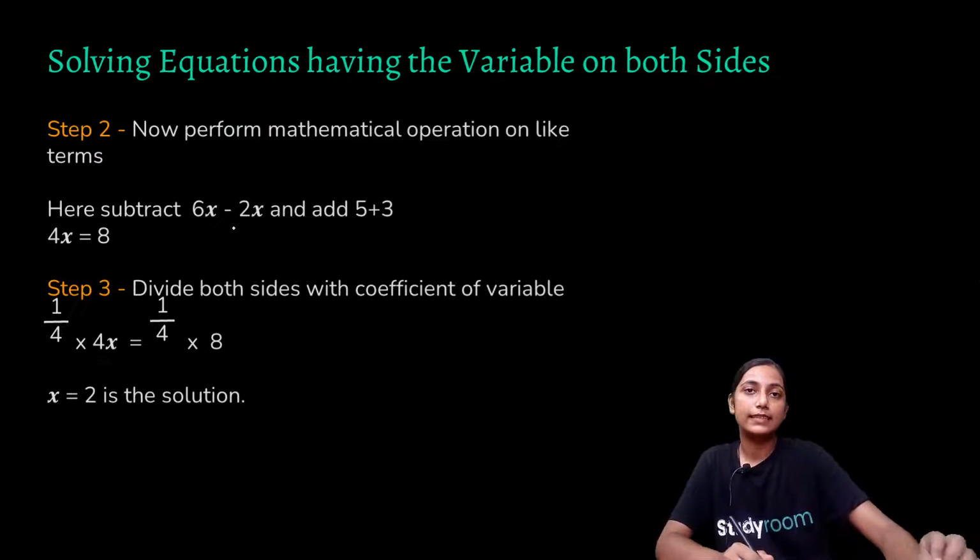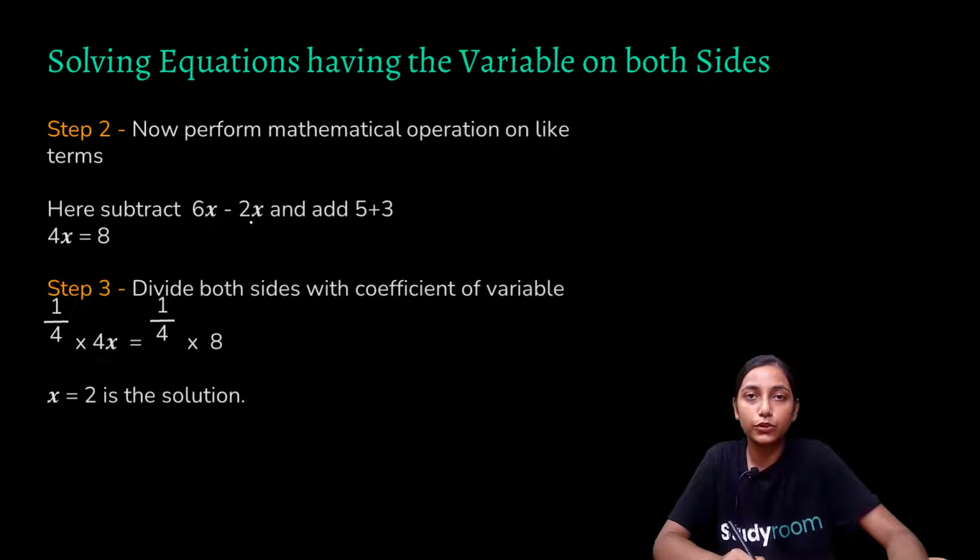So since both these terms contain variable, we are going to subtract these terms, and since both these terms are constants, we are going to add both of these together. We'll get 6x minus 2x as 4x and 5 plus 3 as 8, so 4x equals to 8.